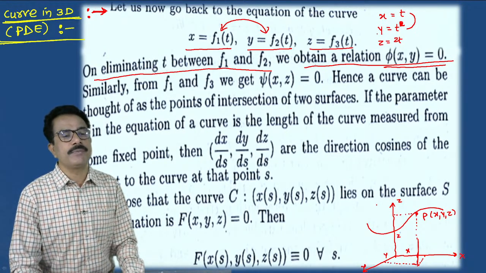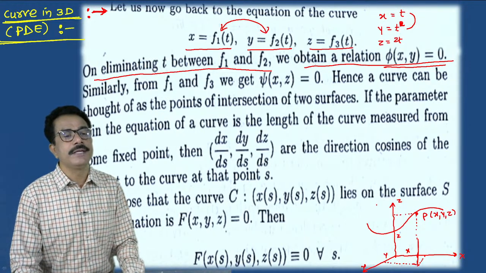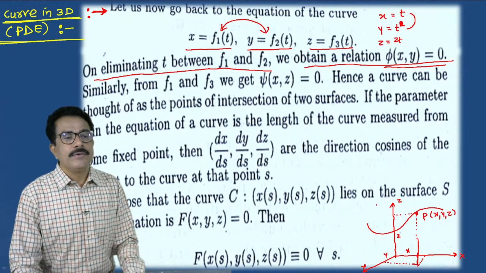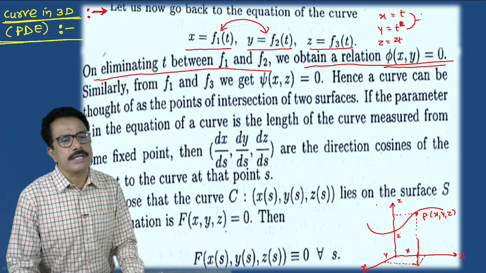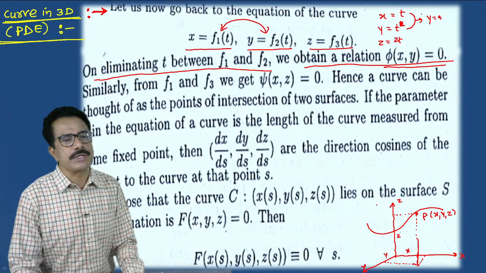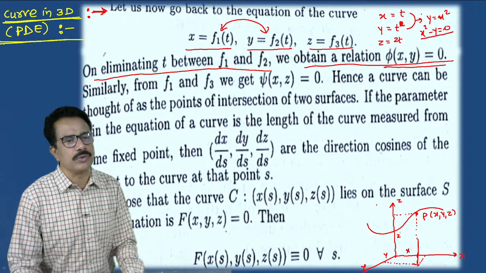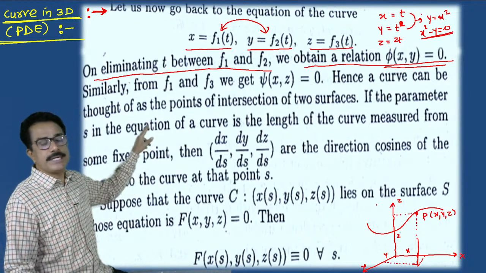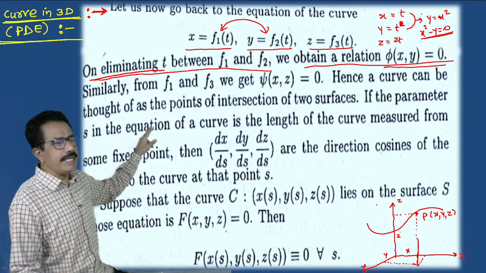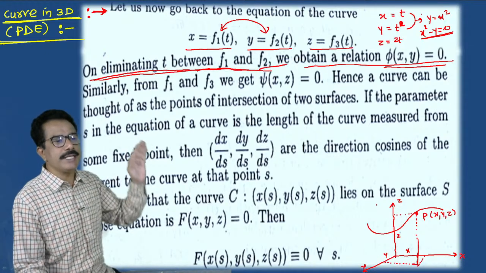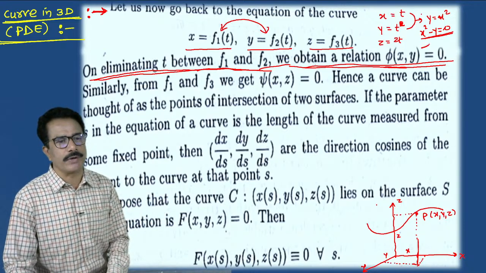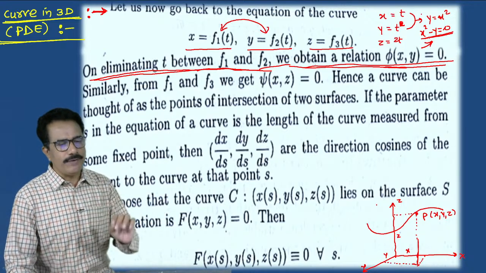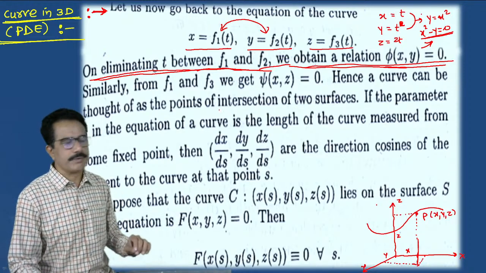When we solve the first and second, we get a relation: y equals x square, meaning x square minus y equals 0. So by eliminating t between f1 and f2, we obtain the relation phi of x comma y equals 0. That was the example.